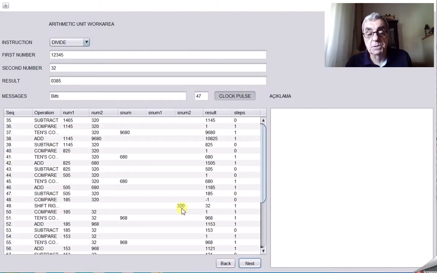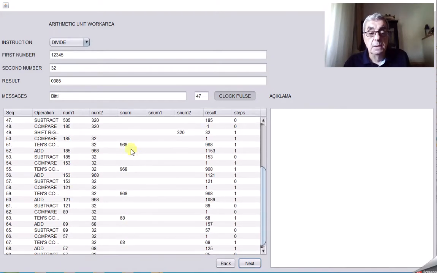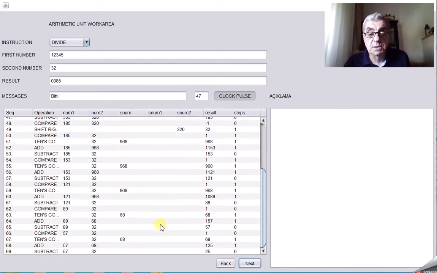That means we will shift the divisor right one more. It's 32 now, and then we start subtracting 32 from this value 185. We start dividing. We have 5 more of these actions, and 25 is left. So we have the 5 there, 25 is left.